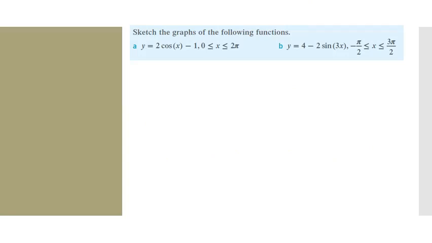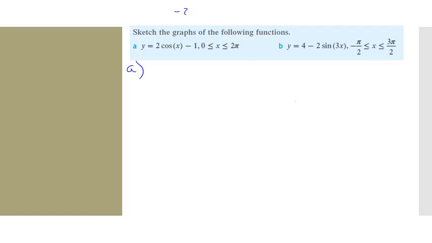Alright, now, we now have different periods and stuff coming into play. That's fine. That's not the hard bit anyway. The hard bit is when it has vertical shifts, which most of you wouldn't have seen before. Alright. What's our amplitude? 2. So it normally goes from negative 2 to 2, but see how we have a vertical shift of negative 1?